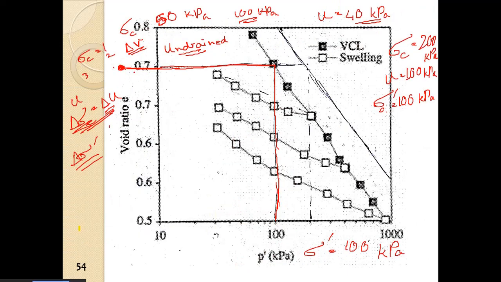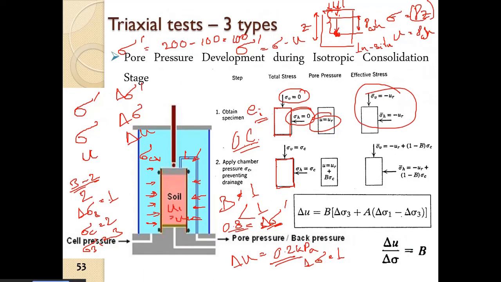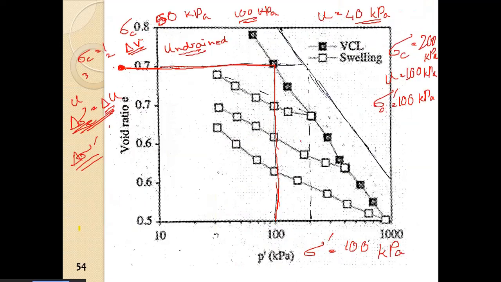Only thing is that in the initial stages, since the soil has already been consolidated to a particular effective stress state of 100 kPa, the soil is now stiff. When the effective confinement is less than 100 kPa, until it is 100 kPa, the soil will behave as an over consolidated soil.